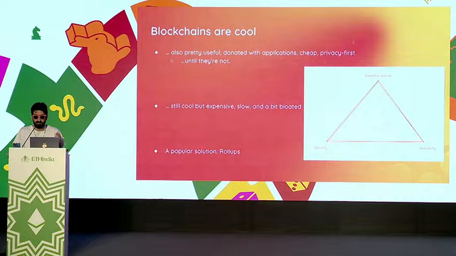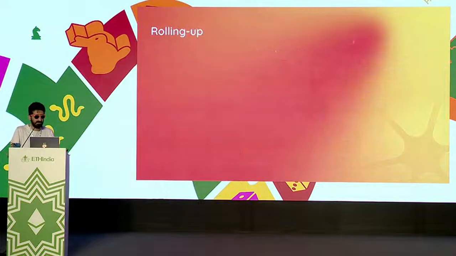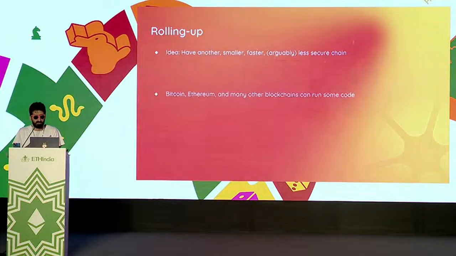But one solution that tries to overcome this, in a different way than you might think, is rollups. Rollups are a type of scaling solution in which you make a faster and smaller chain, but you also post your data into another blockchain that can verify your chain execution. Let's say I make a chain called T-chain and I make it a small network.